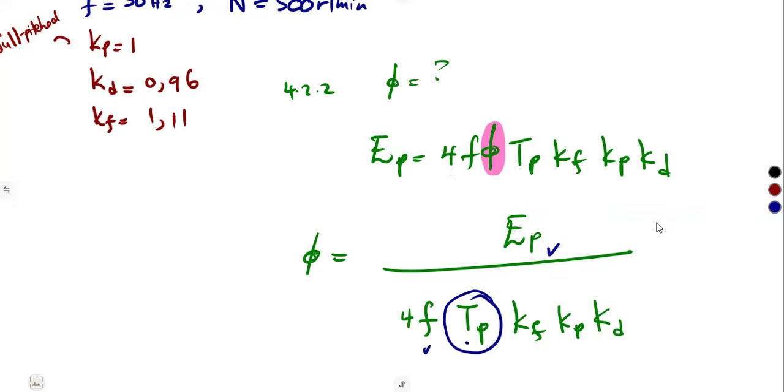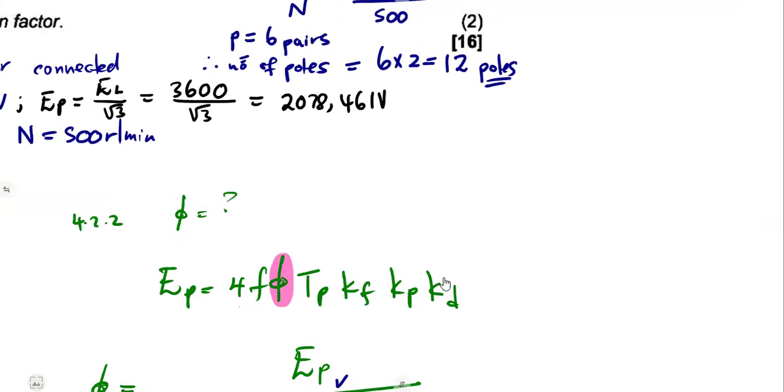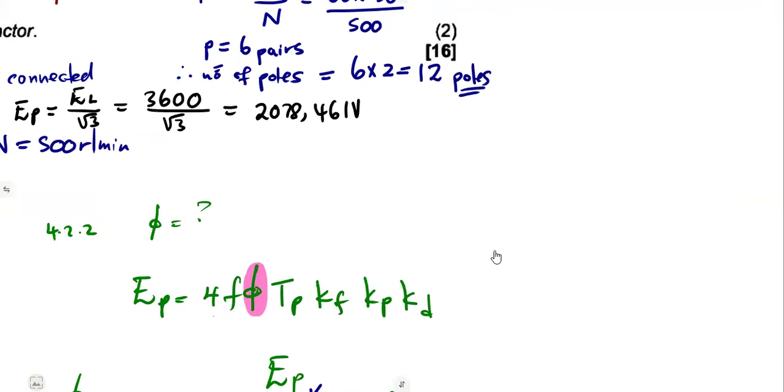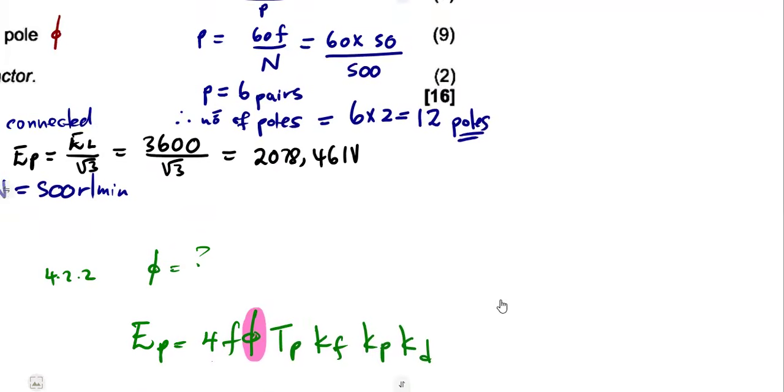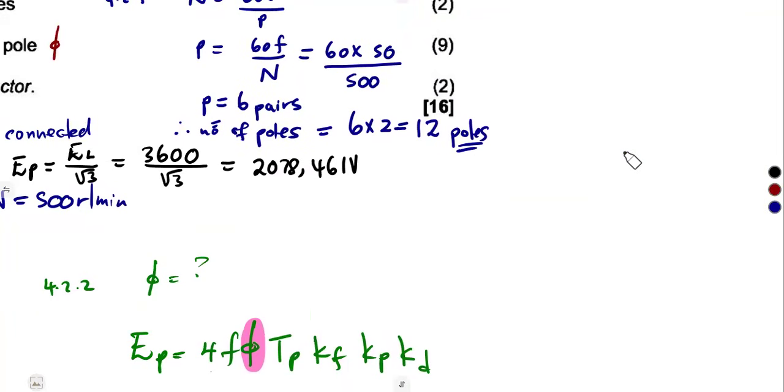I talked about this before, that we can calculate it if we have Z, conductors per phase. TP is going to be calculated from there: conductors per phase over 2. But we do not have conductors per phase.